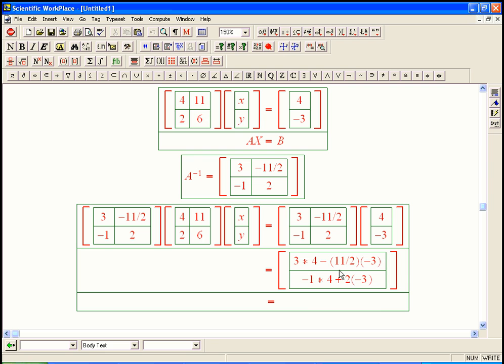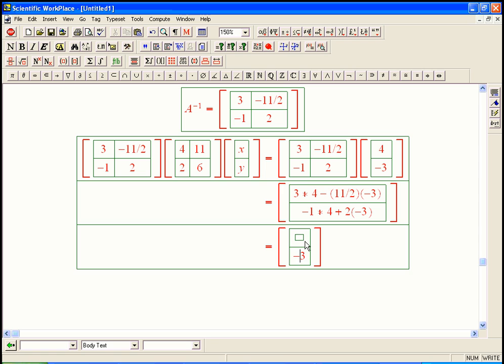And so that's just going to be a 2 by 1 matrix. Okay, so that's 12 plus 33 halves, so that's 24 plus 33, 57 halves. And then this is minus 4, minus 6, and minus 10.